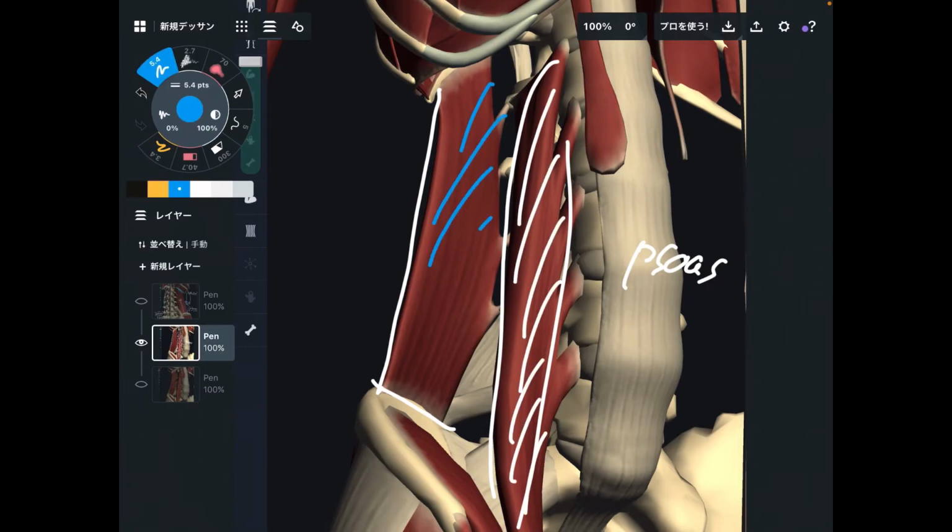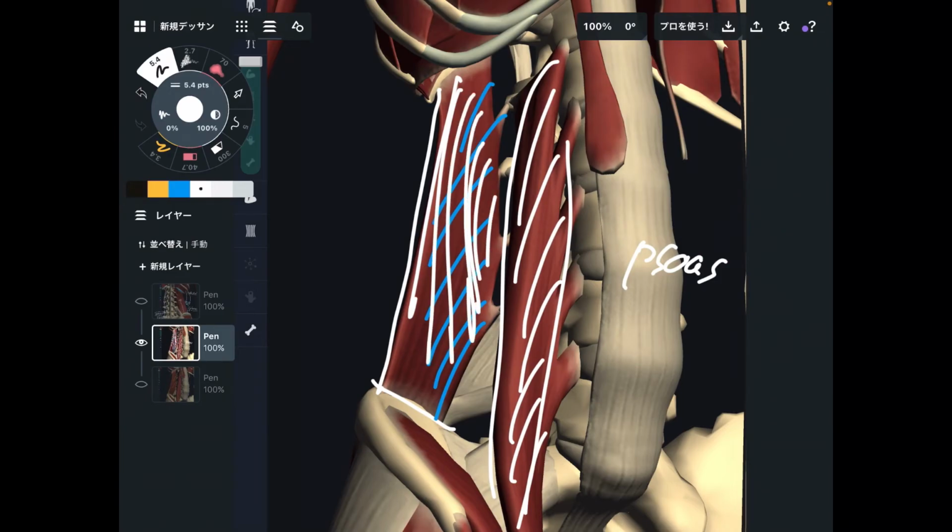And this is where quadratus lumborum is. See, these guys are very close to each other. Thus, when each one of these muscles get tight, this tightness may affect for the other one. Let's say when quadratus lumborum gets tight, that may affect for psoas. Vice versa, when psoas gets tight, that may affect for quadratus lumborum because they are so close to each other.